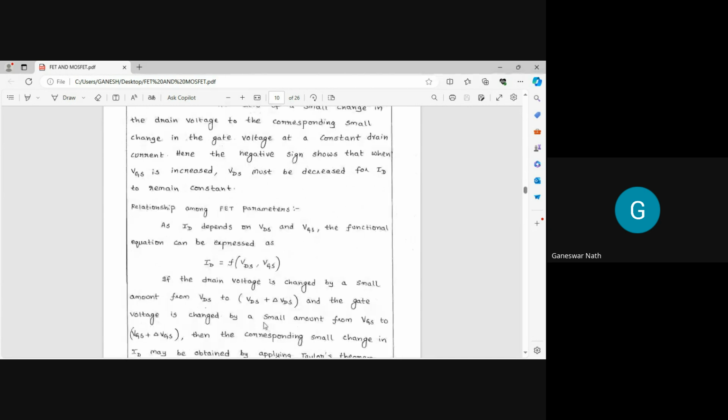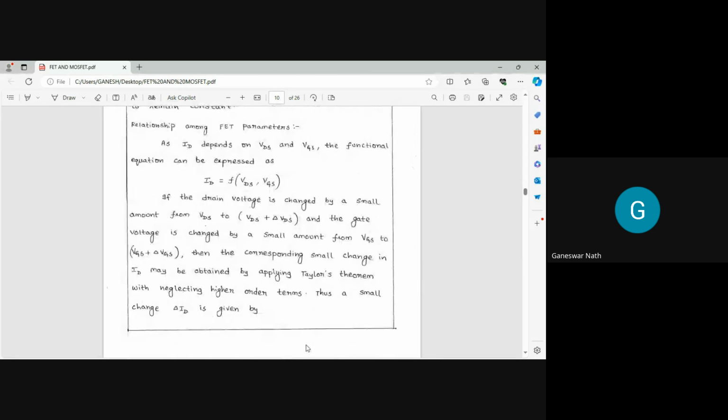So as ID depends upon the VDS and also VGS, the functional equation can be expressed as, ID is a function of both VDS and also VGS here. If the drain voltage is changed, okay, it changes by a small amount from VDS to VDS plus delta VDS, and the gate voltage changes by a small amount from VGS to VGS plus delta VGS, then the corresponding small change in ID may be obtained by applying Taylor's theorem, neglecting higher order terms.